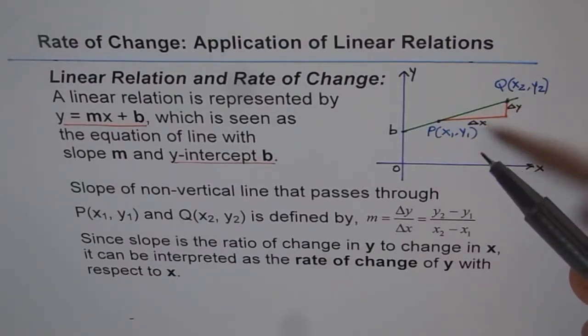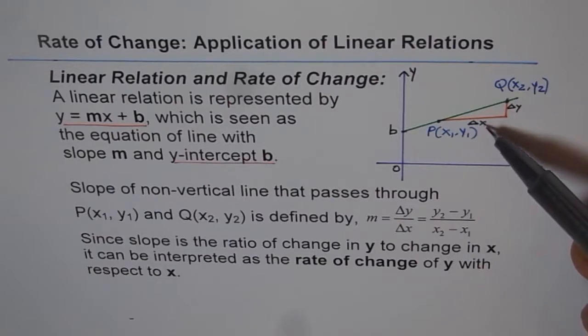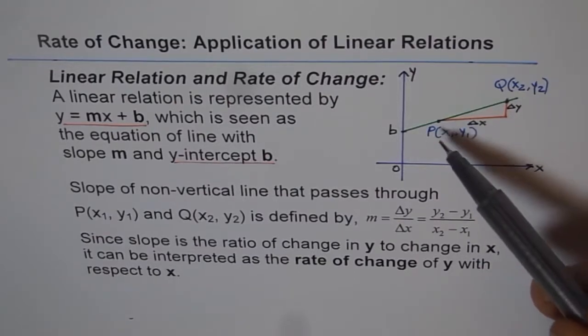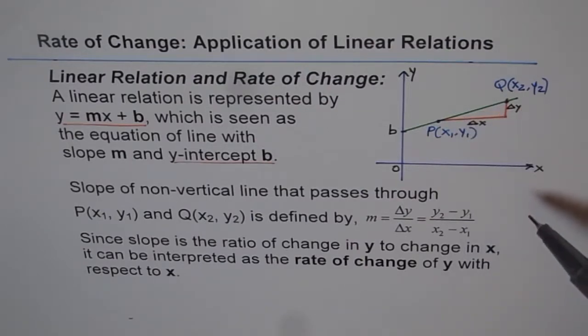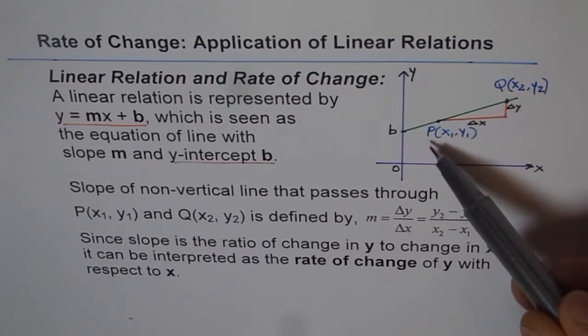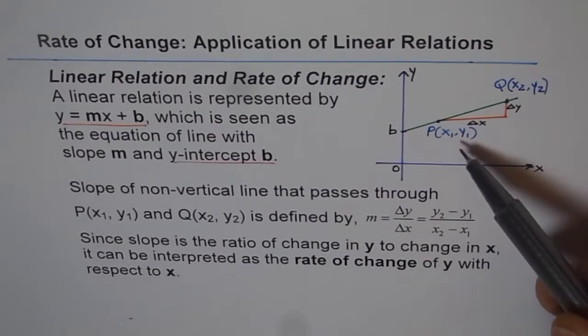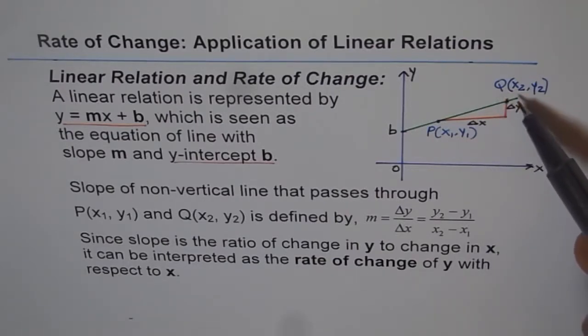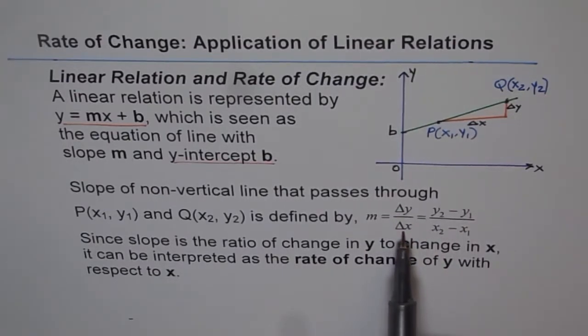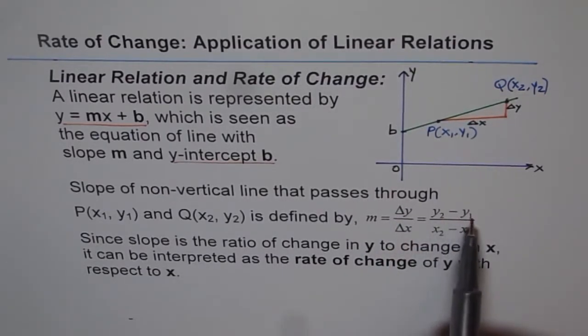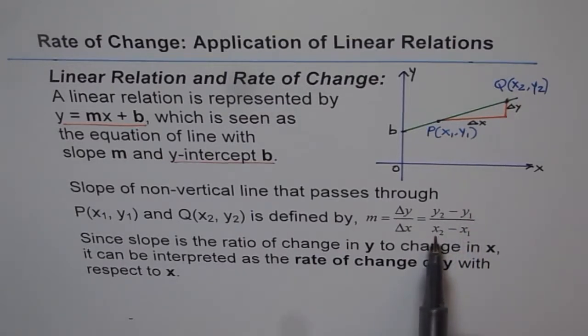Delta x represents the change in x value. So if there are two points P and Q, any two points on a straight line, let us say the coordinates of point P are (x1, y1) and that of Q are (x2, y2), then slope is change in y over change in x, y2 minus y1 divided by x2 minus x1. That gives us the slope.